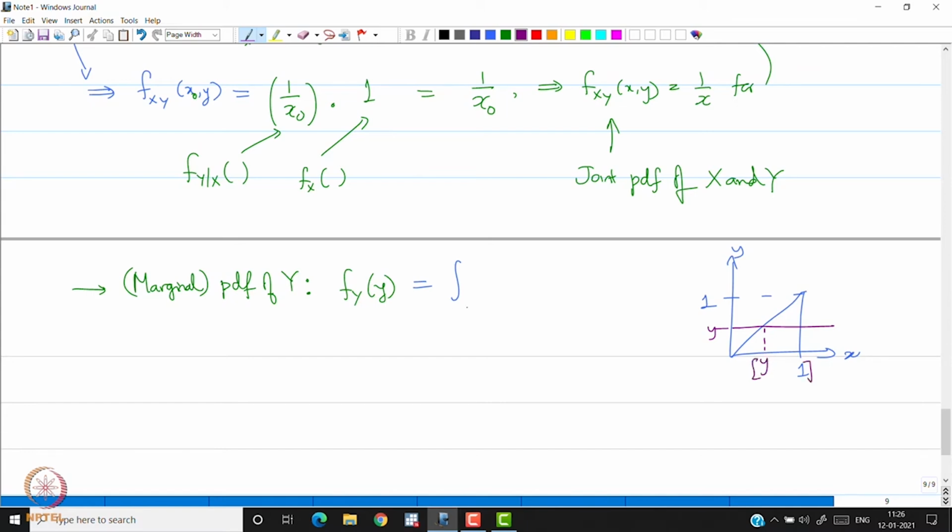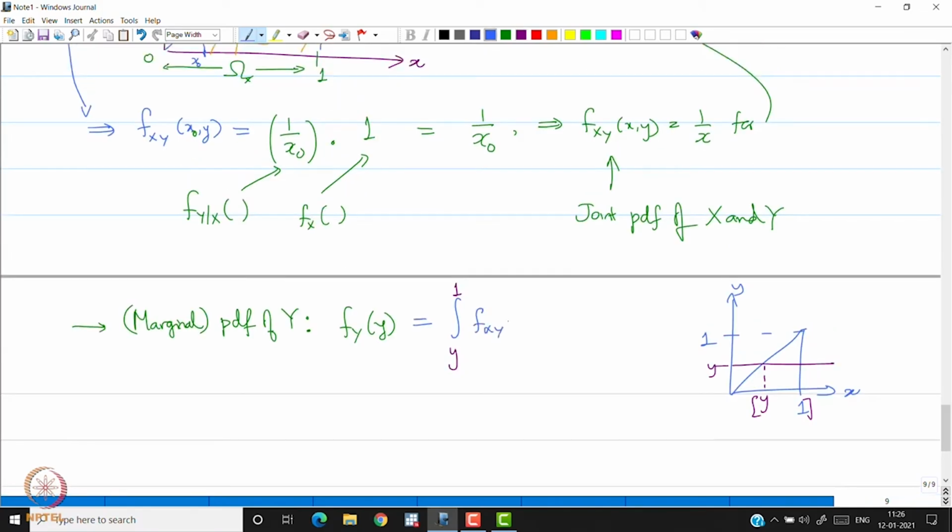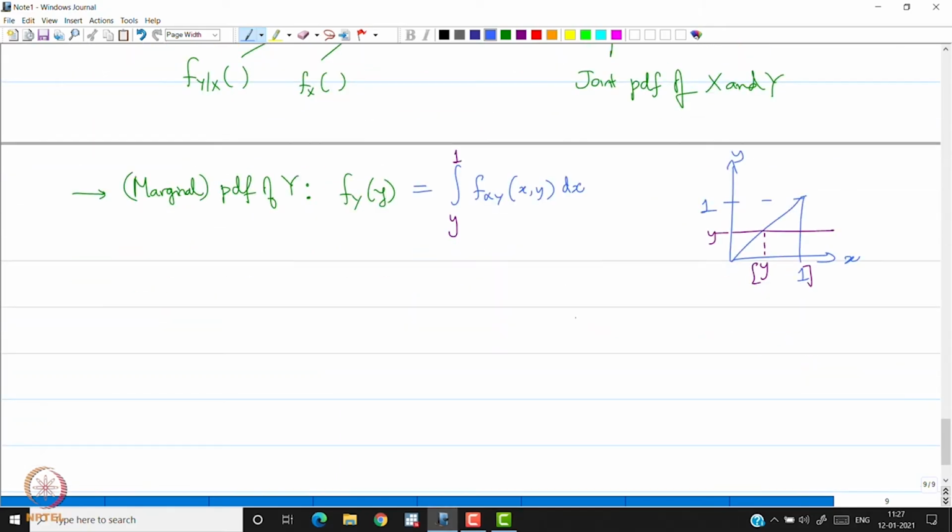So this will be an integral from y to 1 of f xy of x comma y dx. It turns out that this is equal to the integral from y to 1 of 1 by x dx, which is minus ln y, for 0 less than y less than 1. This is the marginal PDF of y.